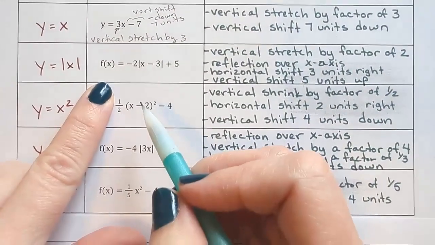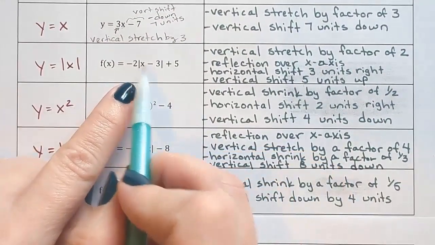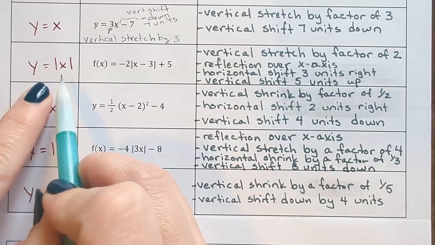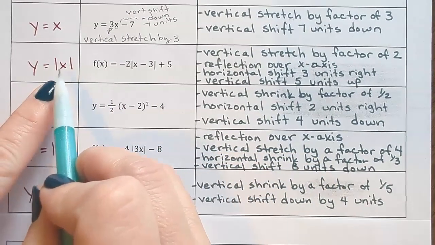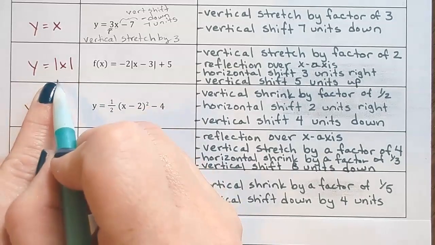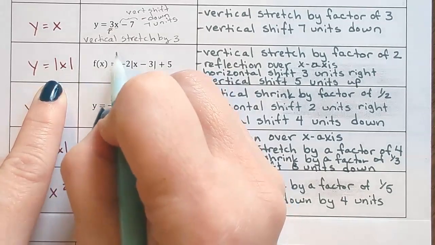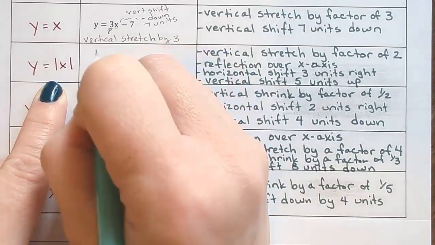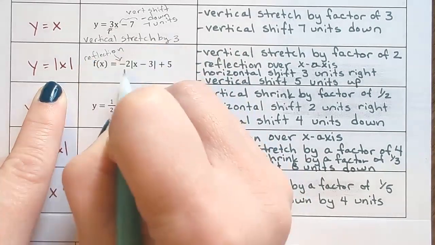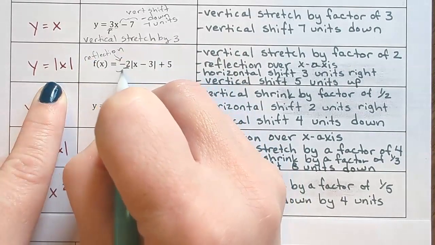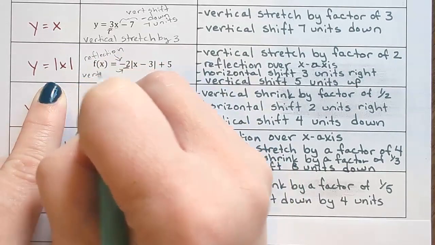Okay, next, because we have the absolute value, that means that the parent function is y equals the absolute value of x. So the changes to this are a few things. We have this negative, which means there's a reflection. We have this 2, which means that there's a vertical stretch.